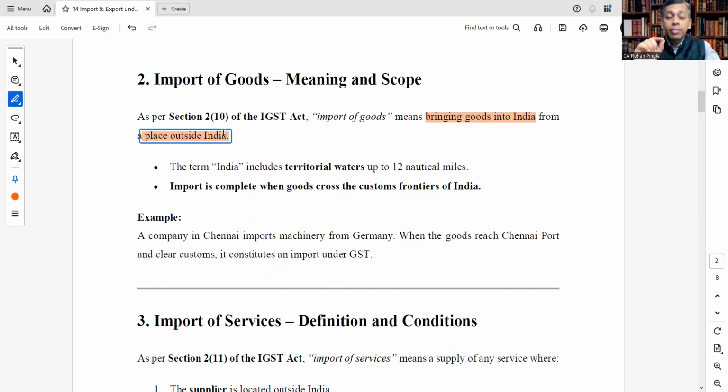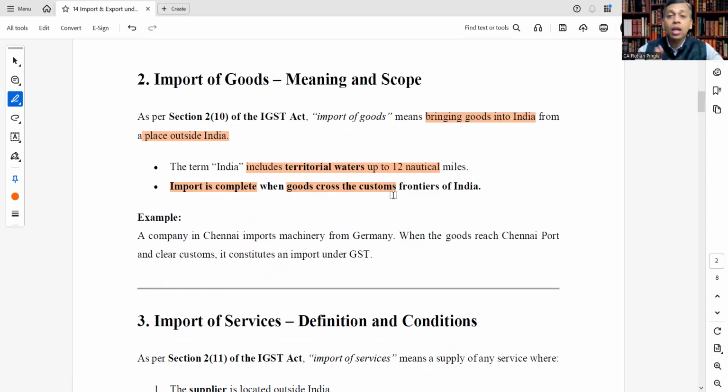The term India includes territorial waters up to 12 nautical miles. Import is complete when goods cross the customs frontiers of India. Very, very important.